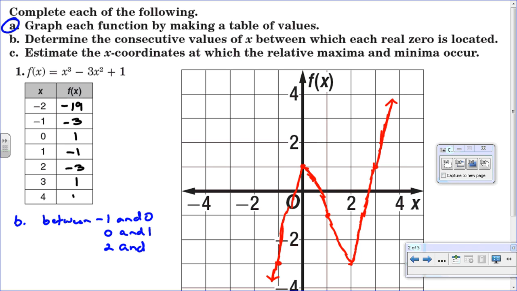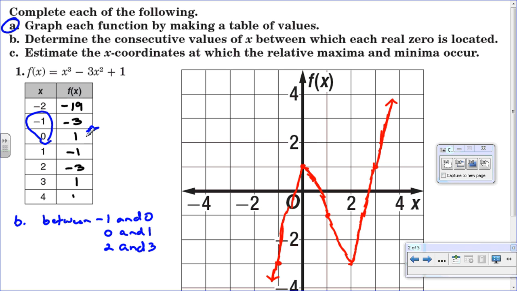Now the other way to determine where your zeros are located is over here on your chart. What we look for is where the f of x values change from negative to positive or vice versa. We can see a change happening right here. When that change happens, we have this little rule called the location principle. That means that there's a zero between these two numbers, just like I've got right there.